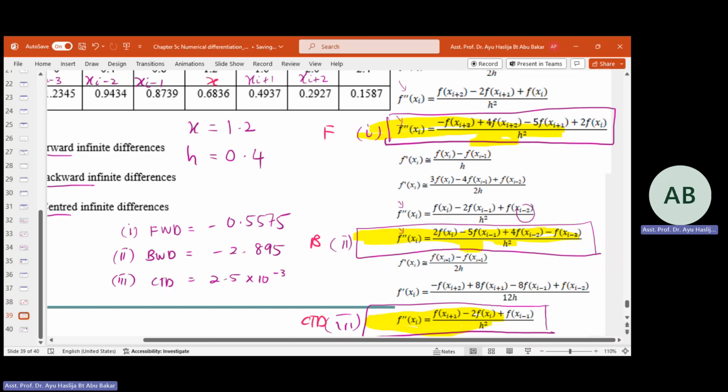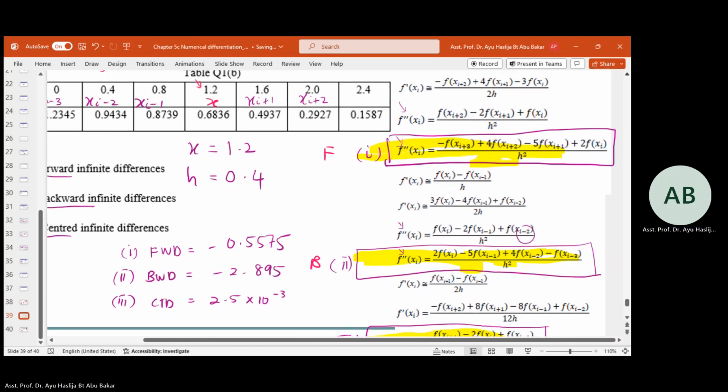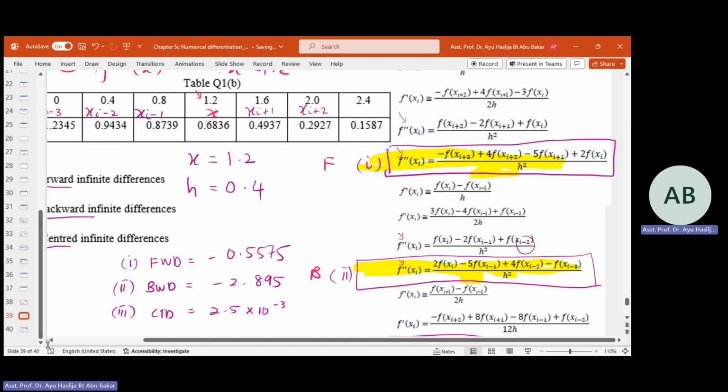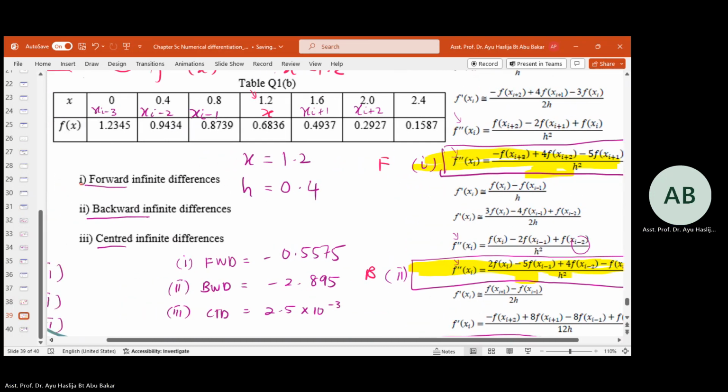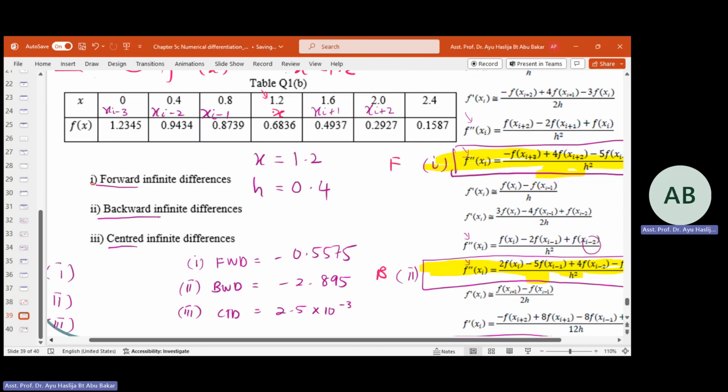So the information that you require: f(xi plus 1), f(xi plus 2), f(xi plus 3). You will need to identify the values from the given data over here. This is your x, starting point. So moving backward, minus 1, minus 2, minus 3.